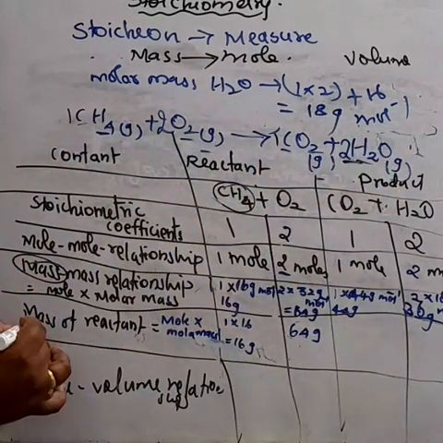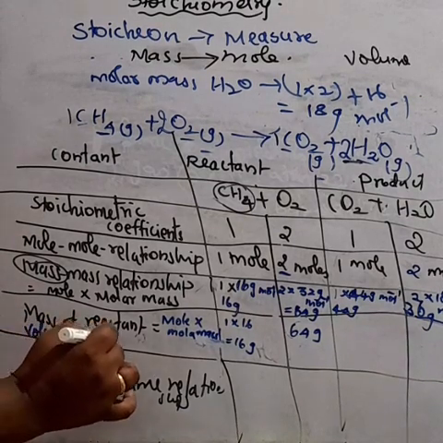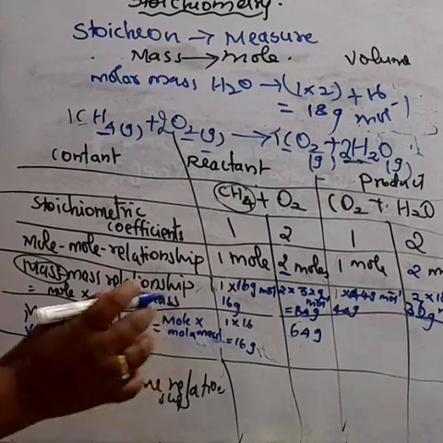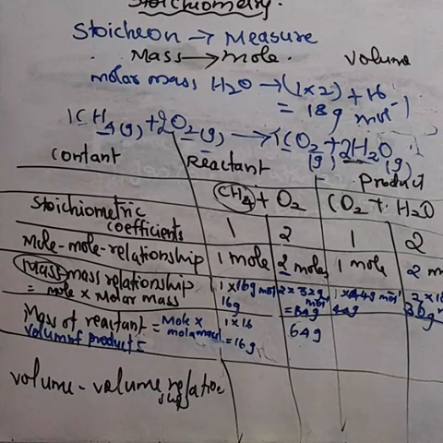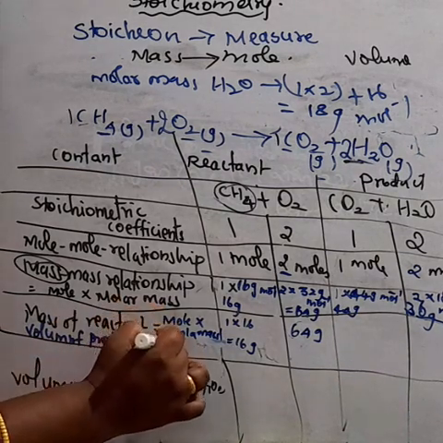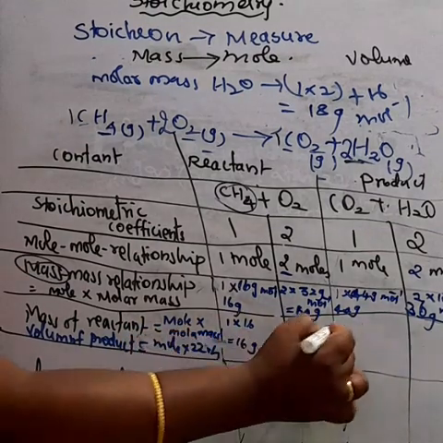How can you calculate the volume? When you multiply by 22.4 liter. For carbon dioxide, number of moles 1 into 22.4 is equal to 22.4 liter.